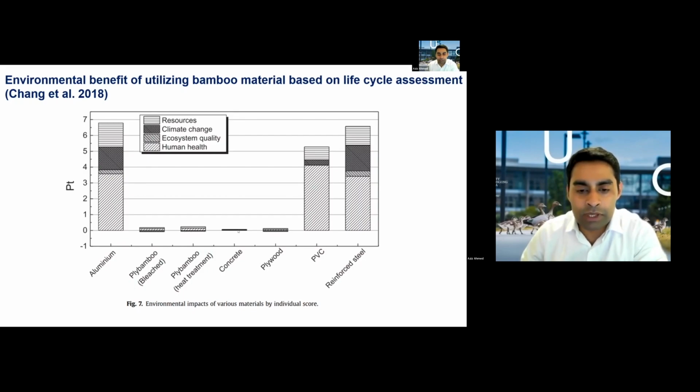I do not agree with that particular part, but you can see for ply bamboo under bleached or heat treatment, there is a negative impact on climate change. Sorry, I mean, a positive impact on climate change, or negative climate change impact. So that means we can reverse to a certain extent, or at least negate the impact of other materials and components.